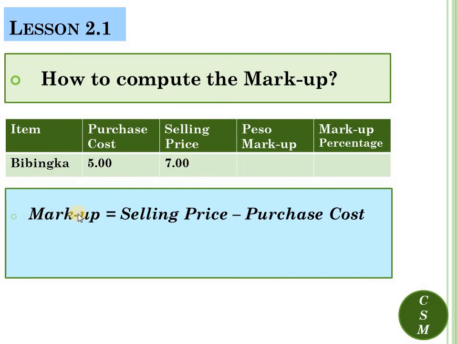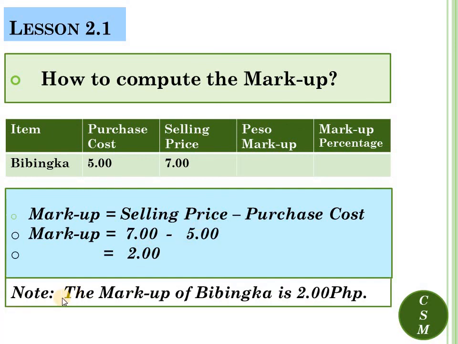To compute for the markup, we have a formula: markup equals selling price minus purchase cost. Now, we substitute values. Markup equals, for selling price, 7 pesos minus purchase cost, which is 5 pesos. Our answer is 2 pesos for our markup. Note that the markup of bibingka is 2 pesos.